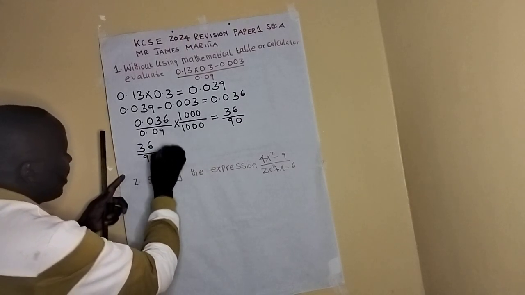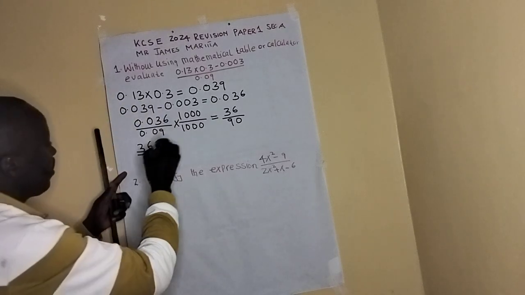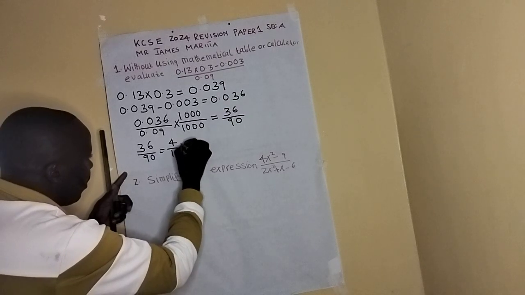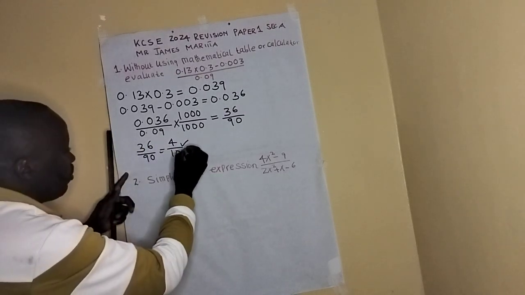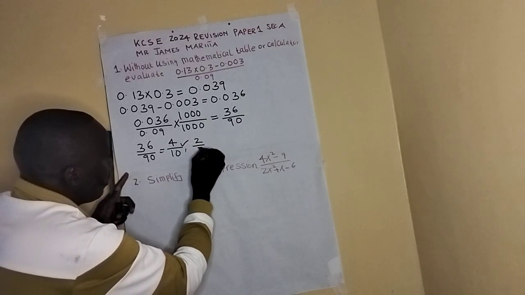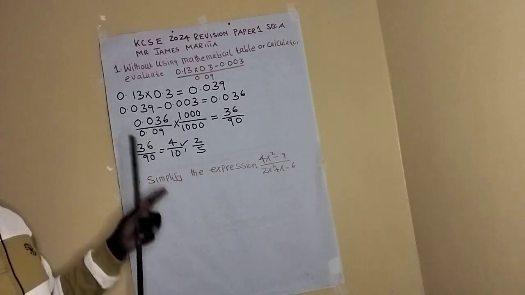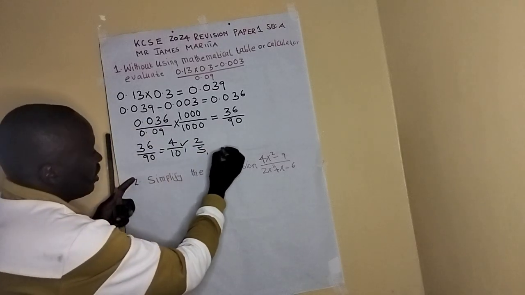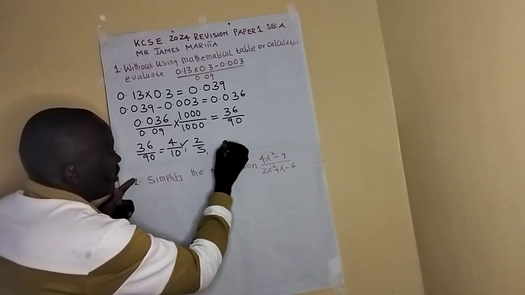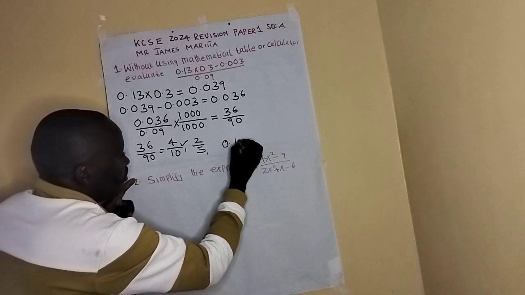If we divide by 9, 36 divided by 9 is 4, and 90 divided by 9 is 10. You can leave your answer at that point, or you can proceed and get your answer as 2 over 5 if you simplify that, or you can give your answer in terms of decimals as 0.4.